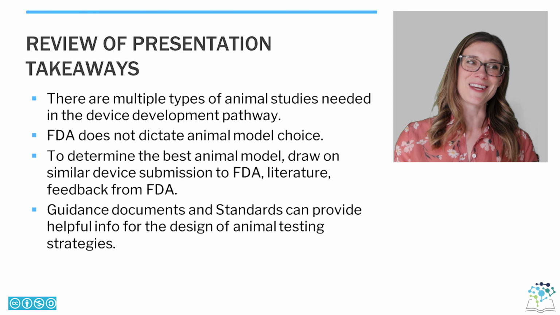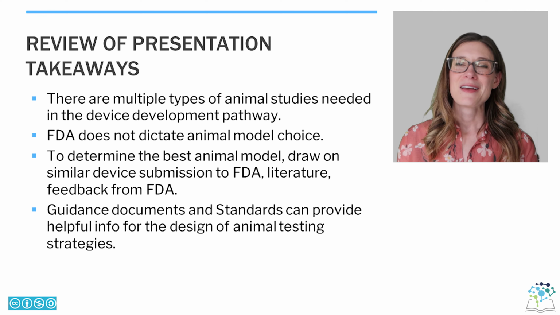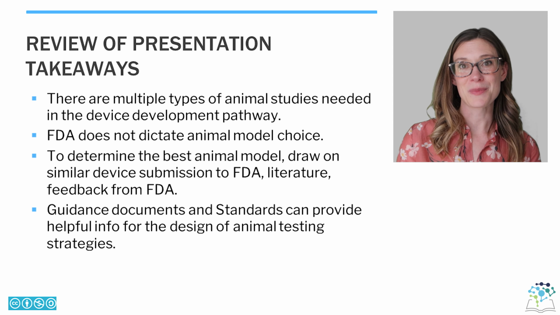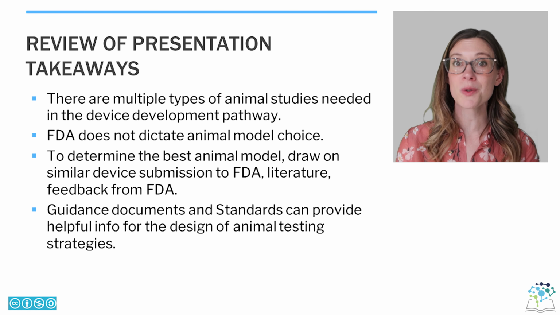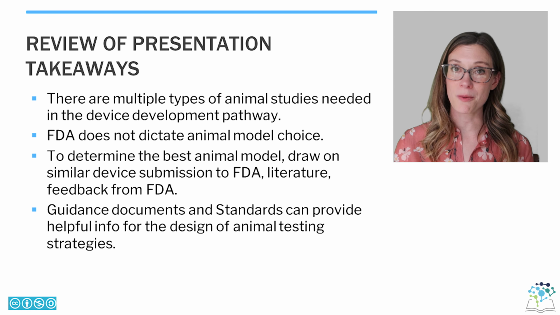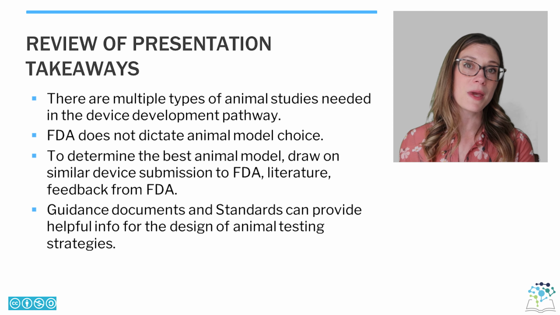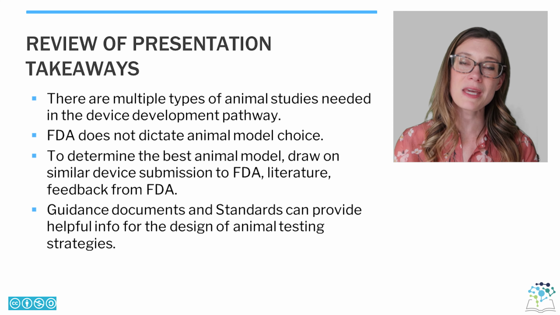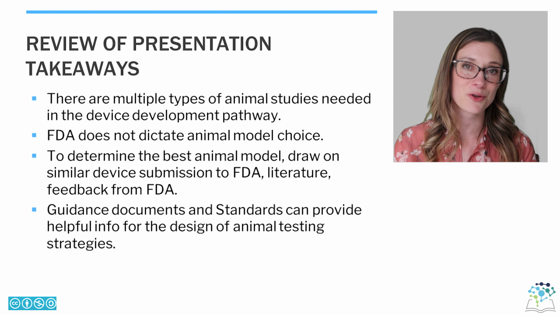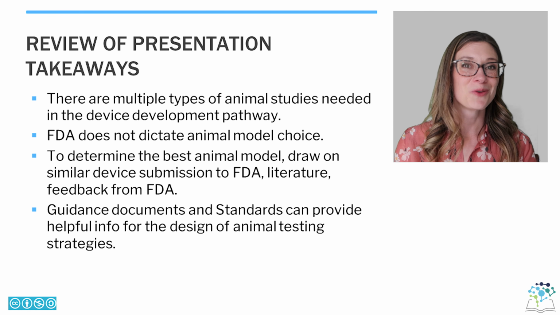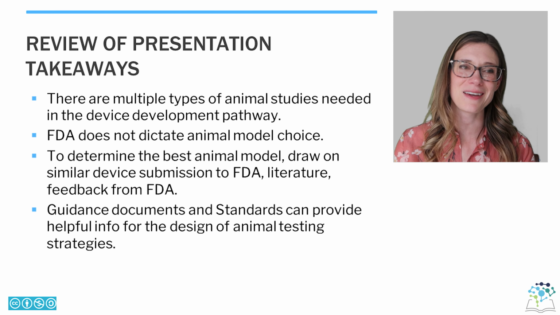So to review my presentation, there are multiple types of animal studies that are needed in the device development pathway. There could be efficacy studies, there certainly will be safety studies, and those safety studies can address biocompatibility specifically, or may also address other features of chronic safety. And the FDA doesn't dictate animal model choice, although they certainly may have an opinion or a perspective for your specific neurotechnology, and that's why it's really critical to get that feedback from the FDA.